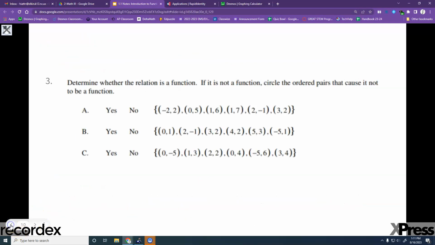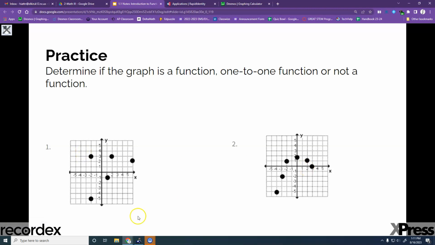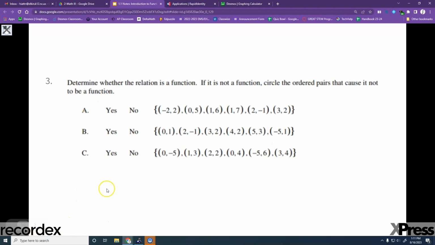So definitely do 1 and 2, and see if you can get number 3 done. If you can get all 3 of those done, you can go ahead and pack up, because I'm pretty sure we're out of here at 1:15. So see if you can do all 3 of those, and then the last little bit we'll look at tomorrow.